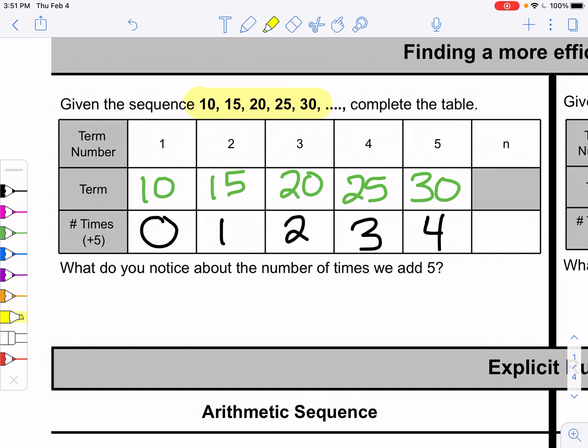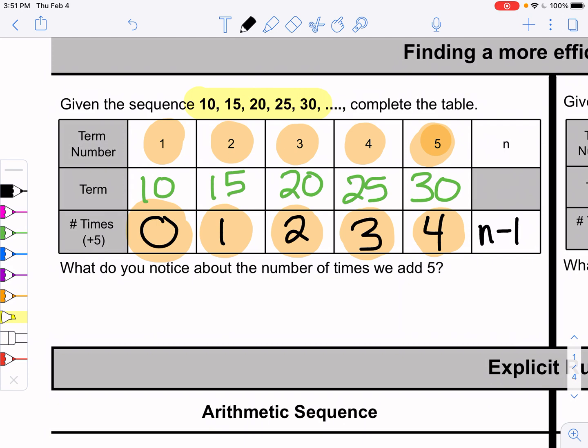We're going to look at the difference between the 0 and the 1, the 1 and the 2, the 2 and the 3, the 3 and the 4, and the 4 and the 5. If you notice, all of those numbers are 1 less than our n value, okay? So this is going to be n minus 1.